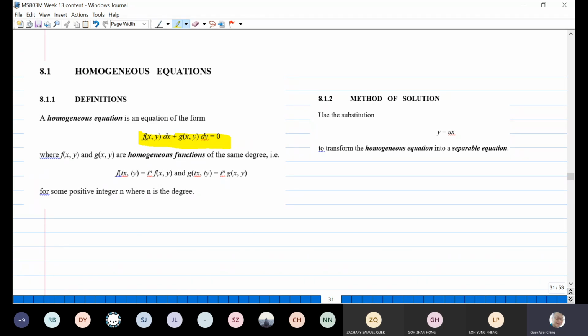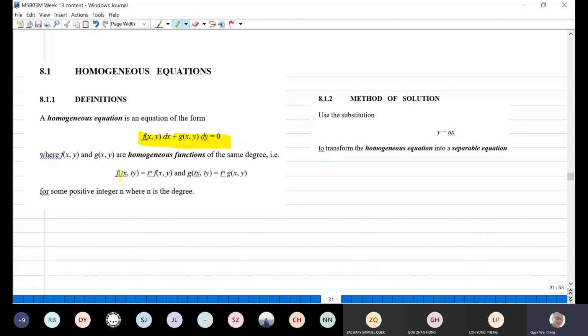What is so special about this equation is that it's called homogeneous. What does it mean by homogeneous? It means that f of x y is a function depending on x and y, and g of x y also depends on x and y. But what happens if you change x to tx and y to ty?